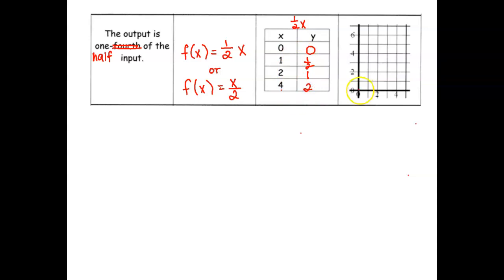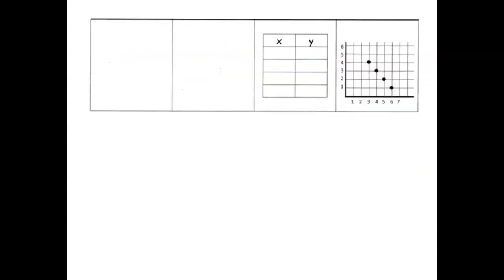So if we graph these points, we've got our origin at 0, 0, and then 1, 1/2 would be right about there. Our 2, 1 would be there, and then 4, 2 would be right about here. Again, this is actually the equation of a line, so we can connect the dots right here and make a line like that.